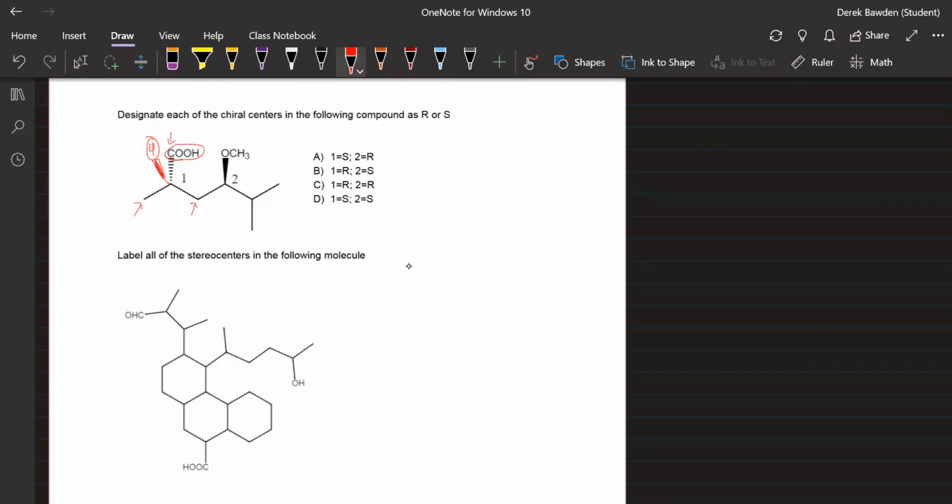What functional group is this? Does anybody know? Carboxylic acid. Perfect. Yep, it is a carboxylic acid. So carboxylic acid looks like this, right? Got a carbon double bonded to an oxygen, single bonded to an OH.